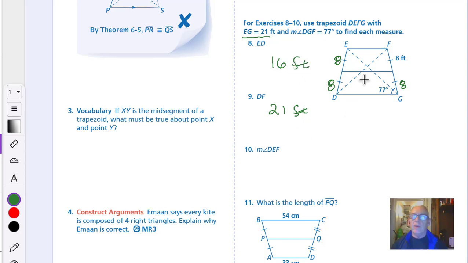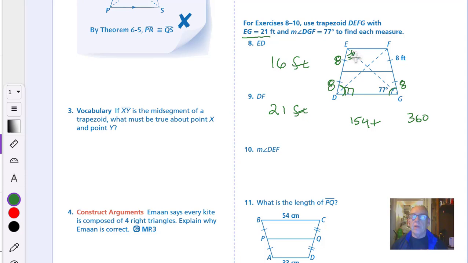And the measure of angle DEF, which is this angle here. Let's see what we got. If this angle is 77 degrees, this angle is 77 degrees. Now they're showing this whole angle 77. That's 77. This is a quadrilateral, so it has to have 360 degrees worth of measure. Together, this gives 154.